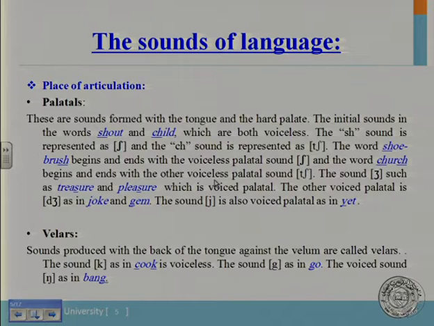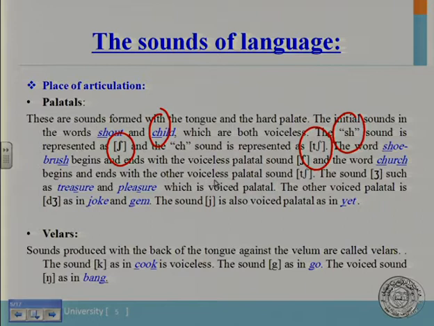The sound sh, as in shot, and the second, ch, as in child.